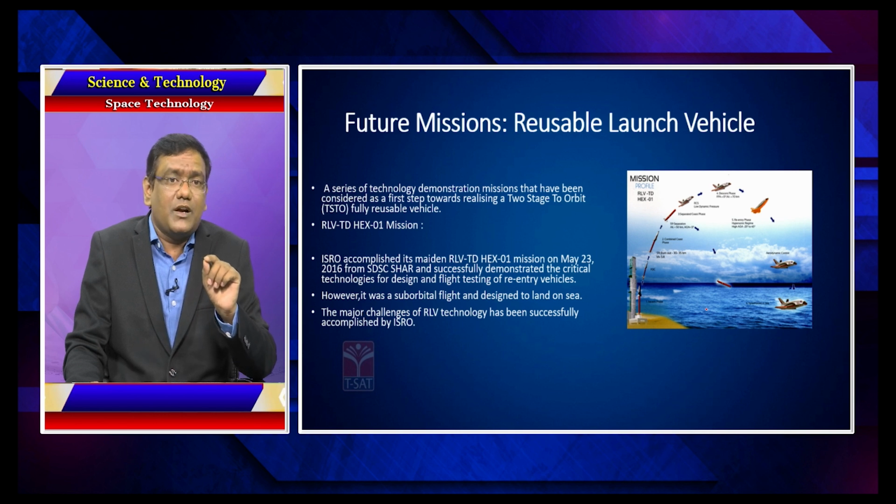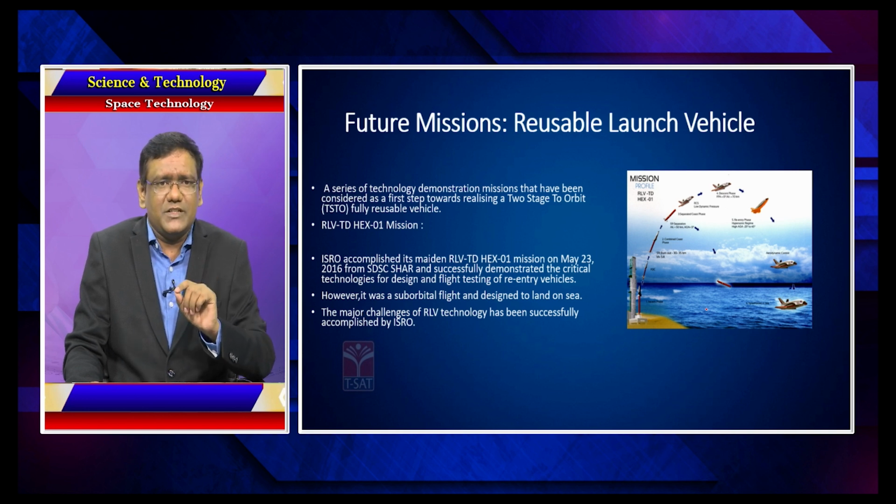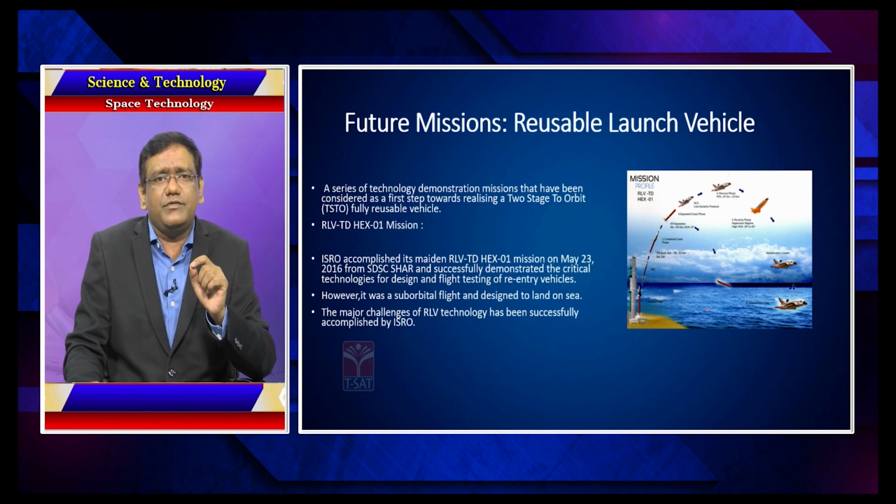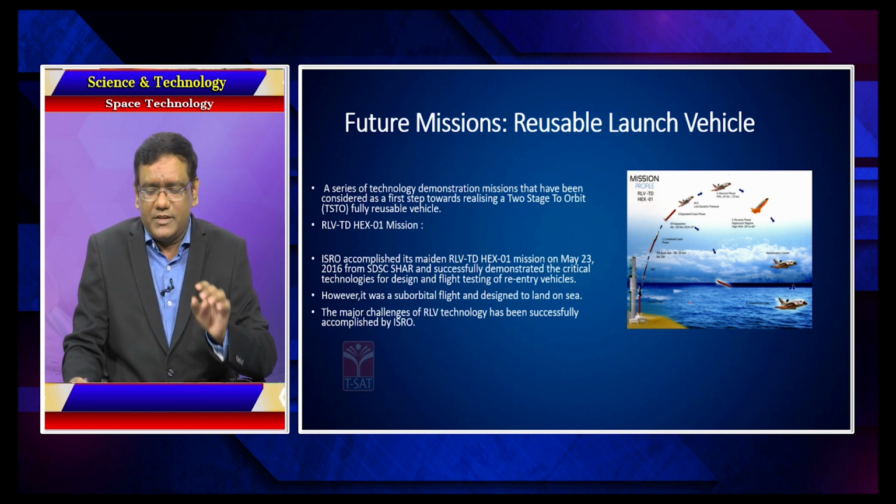ISRO accomplished its maiden, that is first, RLV mission on May 23, 2016 from Satish Dhawan Space Center, and successfully demonstrated the critical technologies for the design and flight testing of these re-entry vehicles. However, it was a suborbital flight. That means this flight has not completed the full cycle of the orbit.